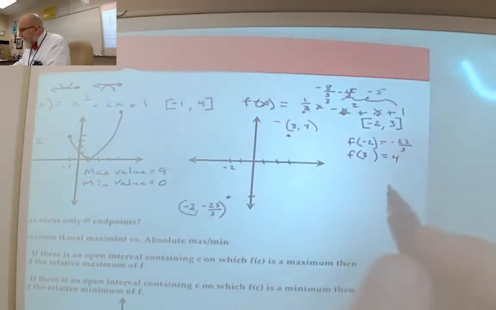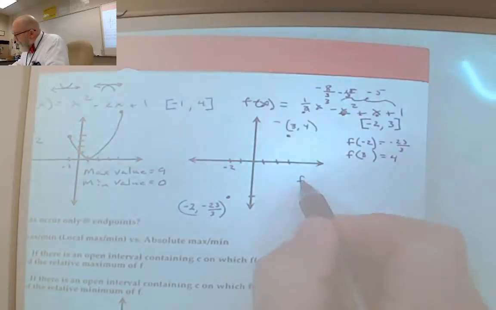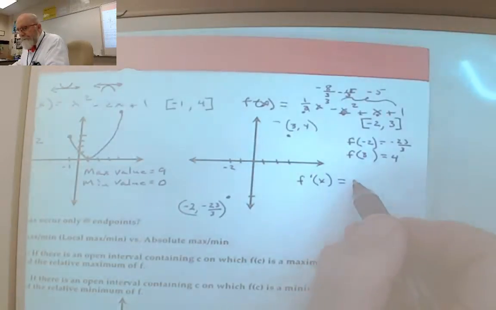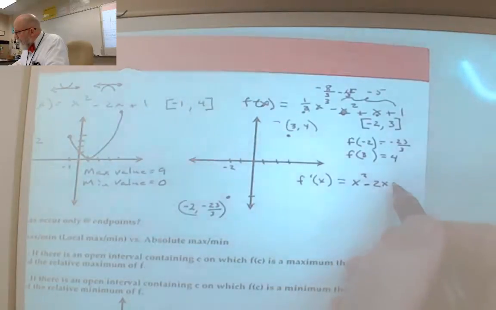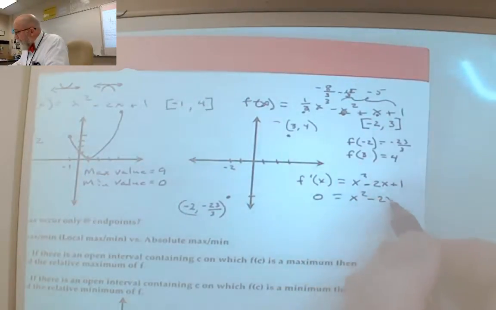So what's my next step to see if there's a turning around point? I'm going to take the derivative, and I'm going to get what? X squared minus 2x plus 1. Okay, make that equal to 0. I got x squared minus 2x plus 1.